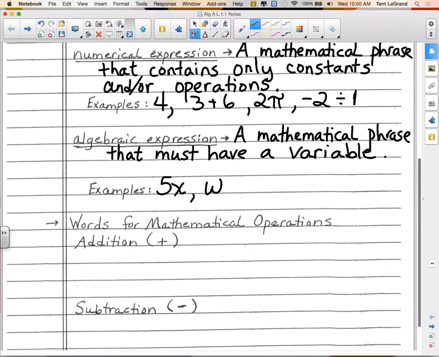Would that be an algebraic expression? It's a mathematical phrase, there's no equal sign involved, it has a variable in it, it doesn't have a constant or an operation, but it doesn't have to. It just has to have a variable, doesn't it? Can you give me another one? Sam, think you can come up with one for me? Y, okay, so the variable y, just y by itself. How about we be a little bit more creative though when we do something with that y? Let's operate with it.